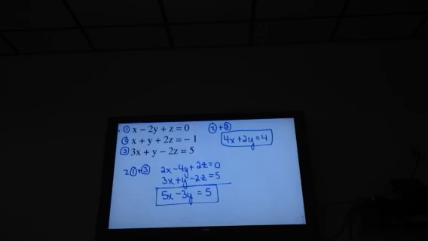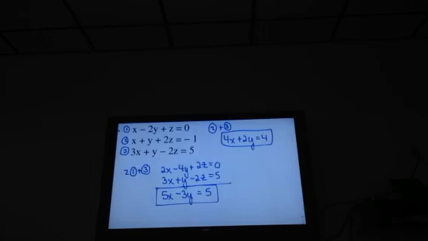So I've taken the system and I've created now 2 equations with 2 variables, which you just did on your assessment today. So now I'm going to take those 2 and do linear combination or elimination and get a variable to drop out. Okay? I'm going to go with my y's.